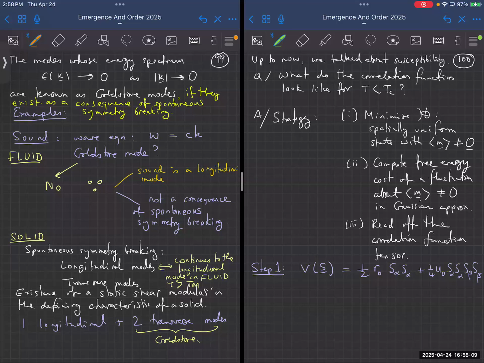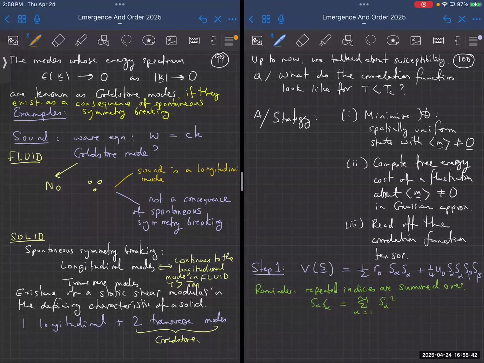Just a reminder that repeated indices are summed over. So S alpha S alpha means the sum from alpha equals 1 to n of S alpha squared. I'm not going to write that out each time because it would just get too cumbersome.